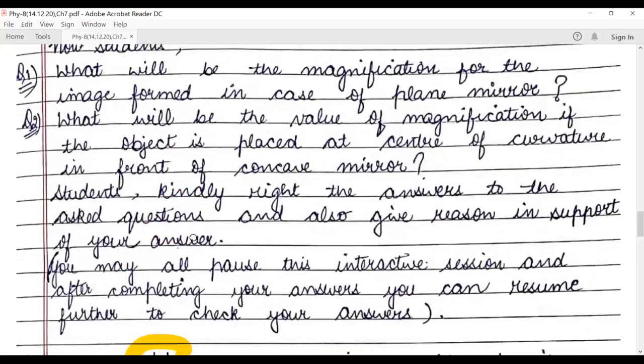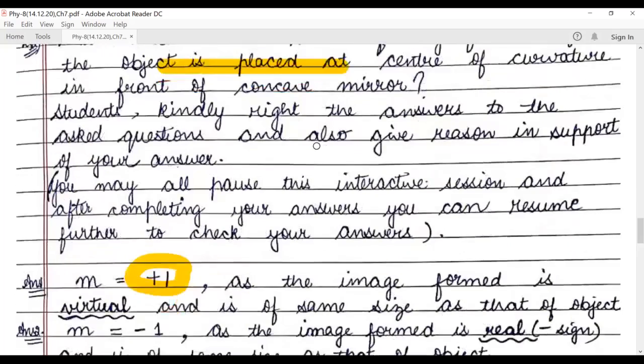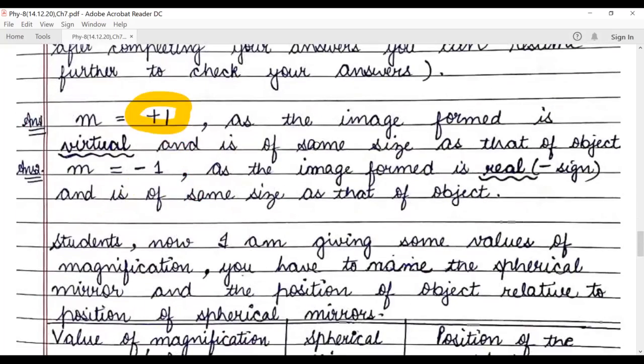Coming to question number 2, when the object is placed at center of curvature in front of a concave mirror, students, here we get an image of the same size as that of the object.